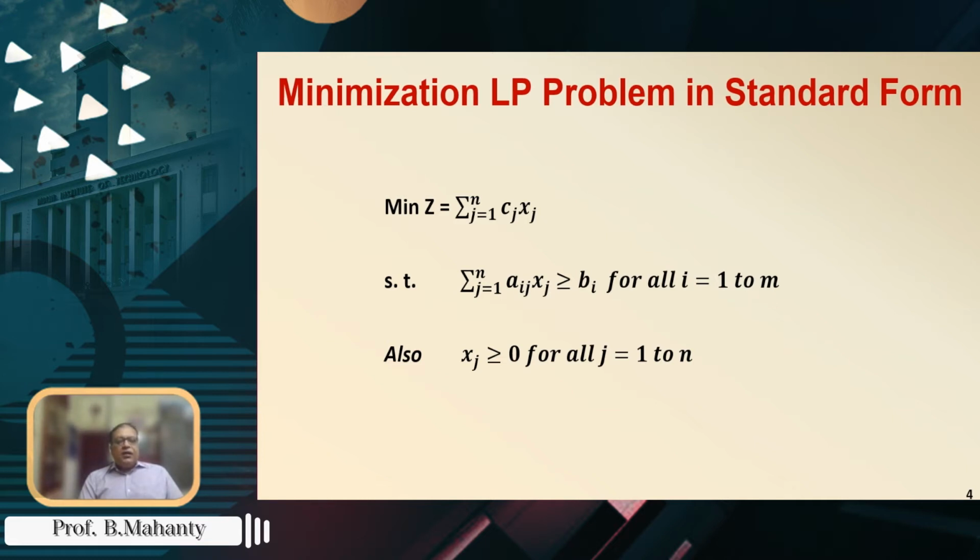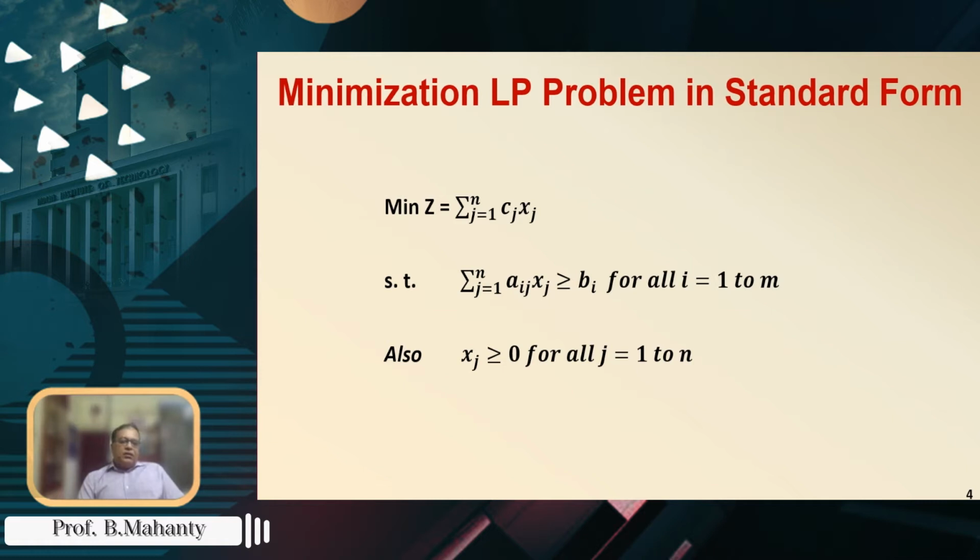So that means the total activity that is going on with the different decision variables, which is represented by sum over Aij xj, that should be greater than the threshold value. Is it all right? That means that much of the activity has to be maintained.